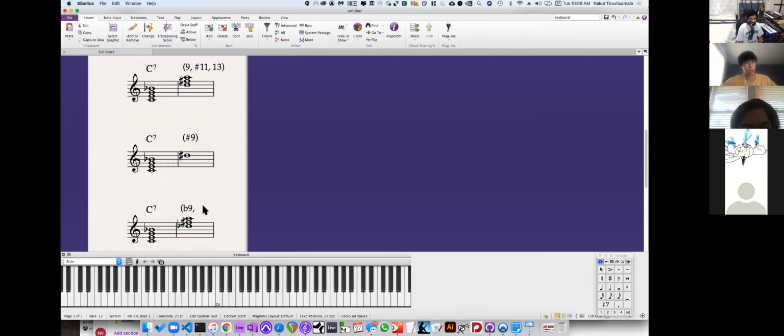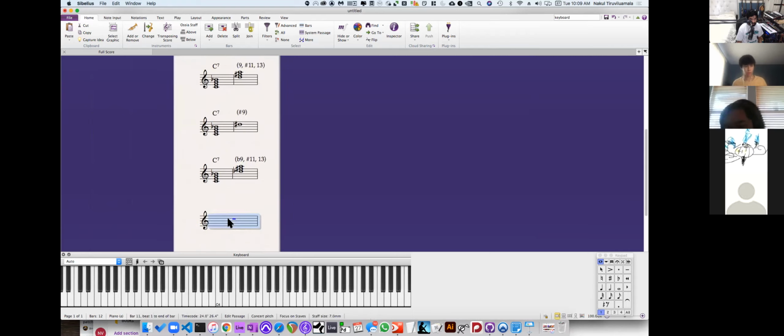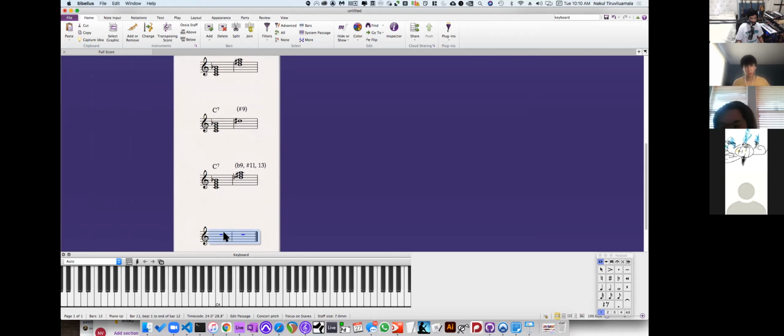What's next? Sharp 11, and a 13. So far I've had a flat 9 and a sharp 9. I haven't shown you a regular 11 yet, but a regular 11 doesn't work well because of the minor ninth clash.